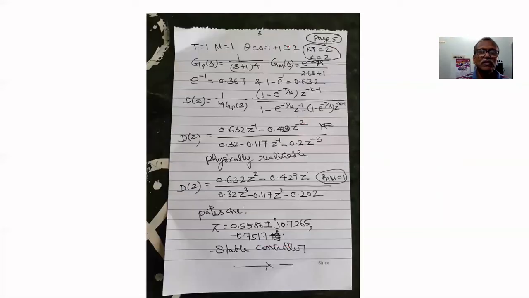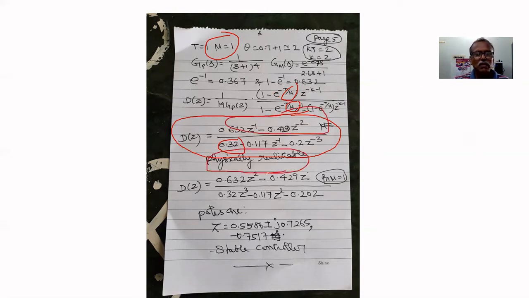Next, now we will design a controller for mu equal to 1. All values are same except this mu value. If you change it, you get a controller like this, D of z equal to this. Keep one constant term in the denominator while writing numerator and denominator in negative powers of z. So no positive powers in the numerator. Therefore, it is physically realizable.